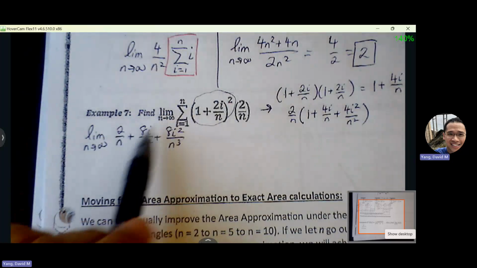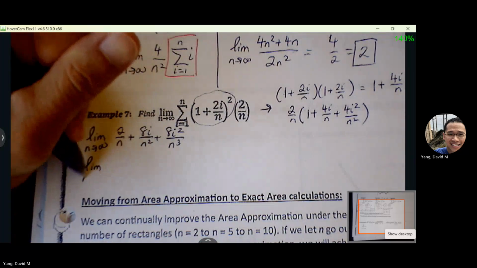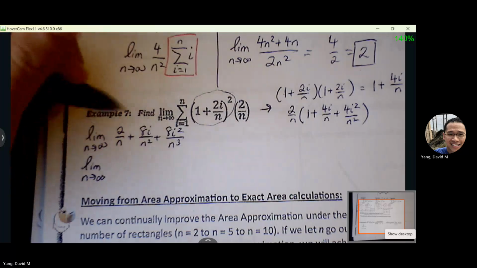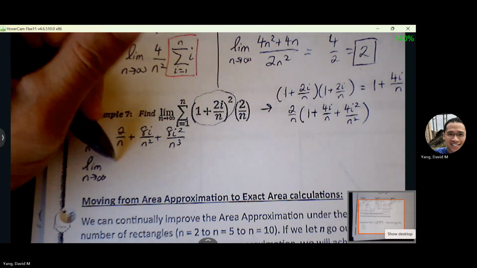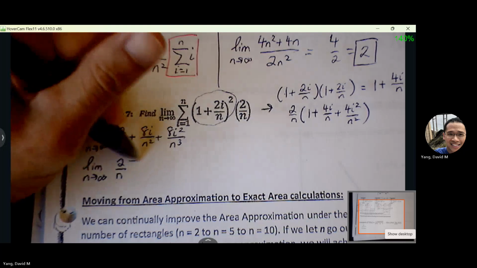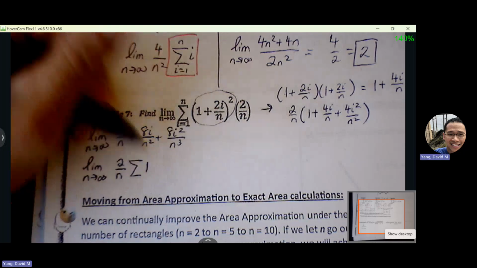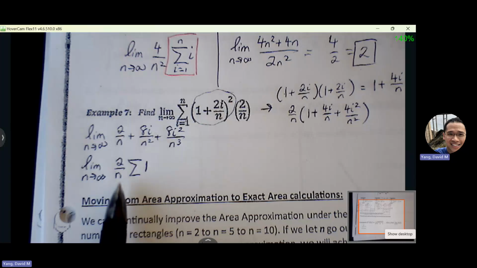And I need to put a summation in front of each of these terms, so let's do that. And as I do that, I'm just going to try to put a summation in front of each, but pull out the parts that will not get impacted by the rule.